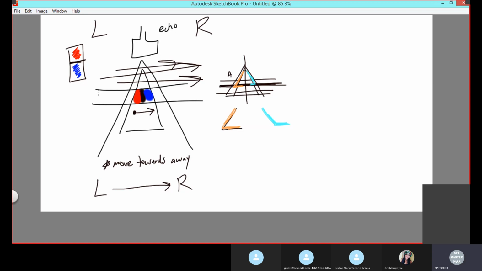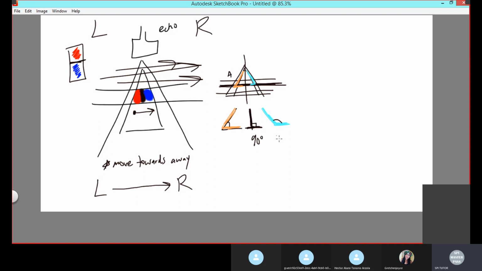Okay, and for the center, your beam is going straight down, and your flow is going again side to side, left to right. For all of them it's going left to right. But depending on what the angle is, here you have an angle, here you have another angle, and down the center you have 90 degrees.